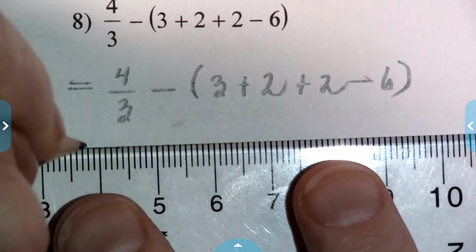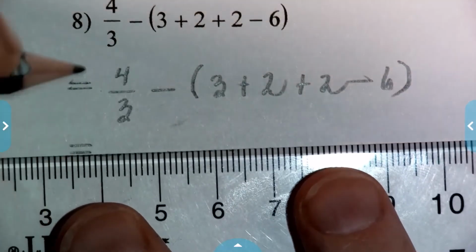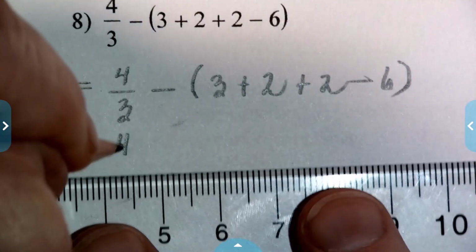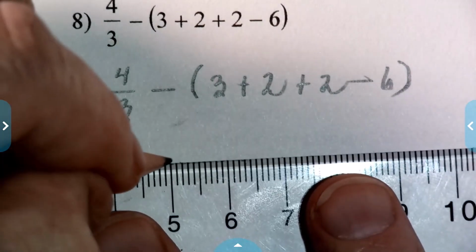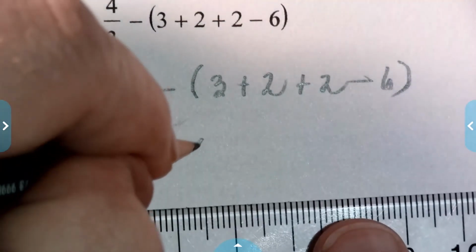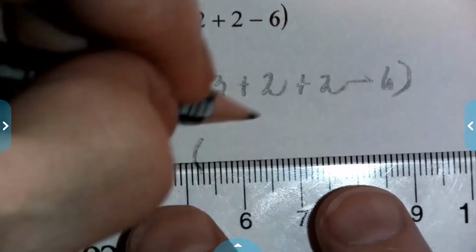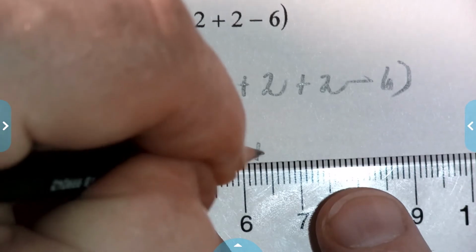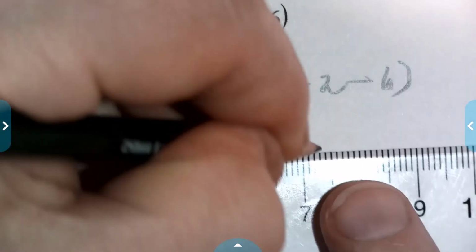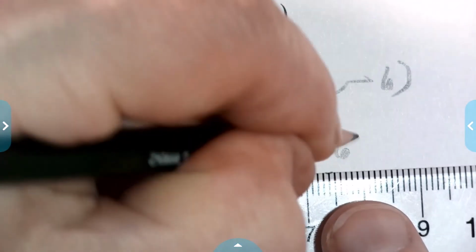Now I'll continue and start to whittle down. So I've got 4/3 minus 3 plus 2 is 5. So I've got 5 plus 2 minus 6.